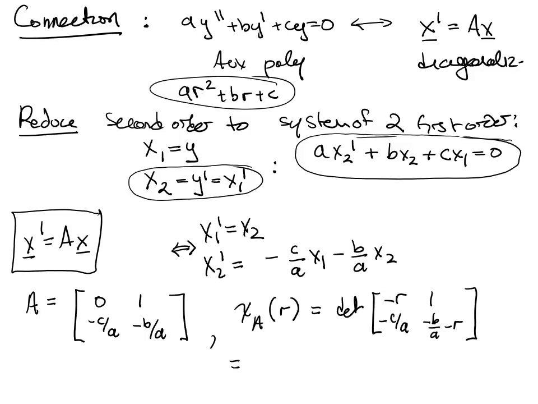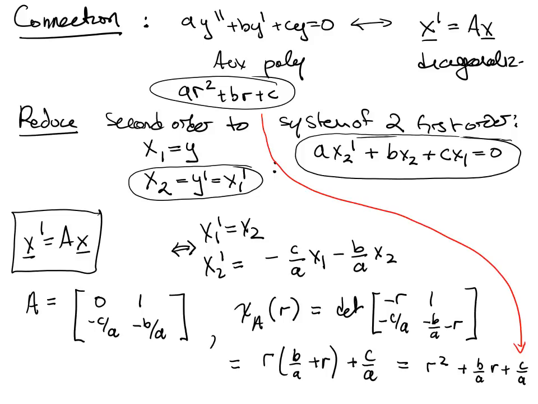And if you calculate that, you get r times (b over a plus r) plus c over a, which, if you expand it out, is just r squared plus b over a r plus c over a, which is actually the same thing as this polynomial, just scaled by a.